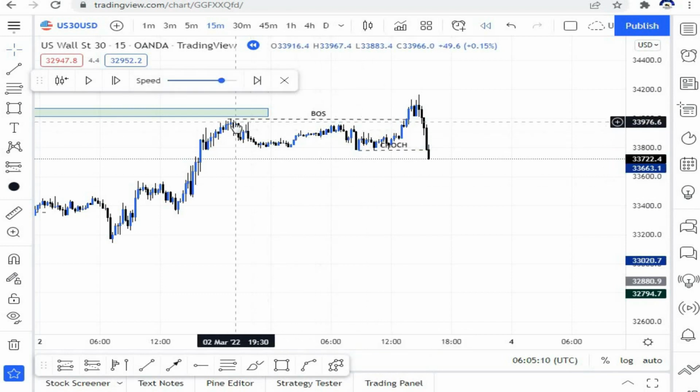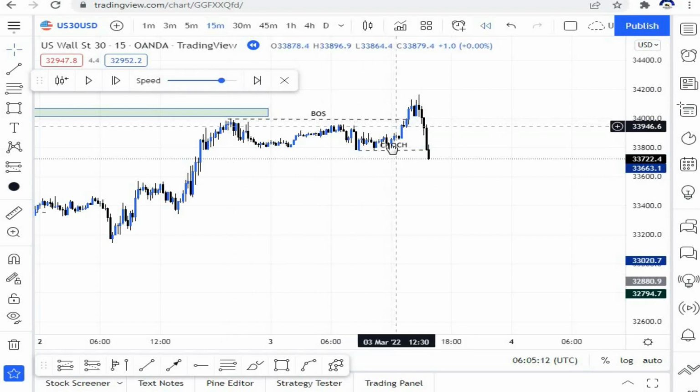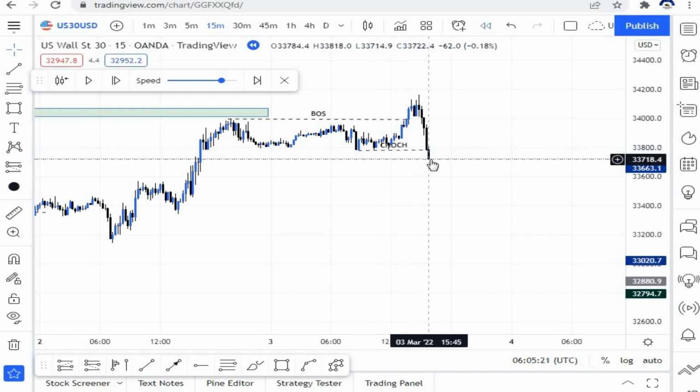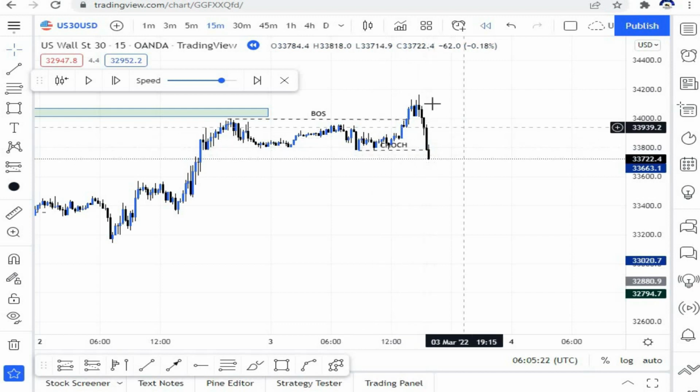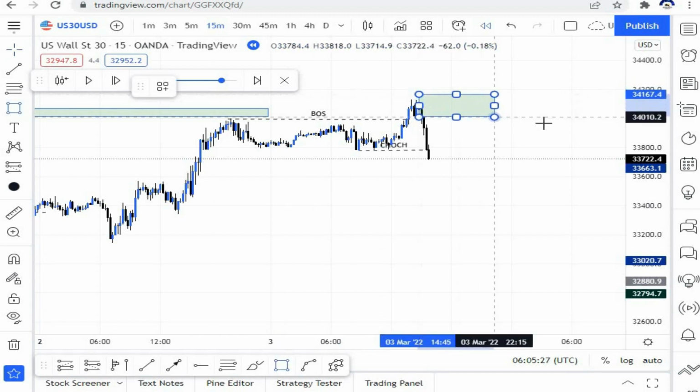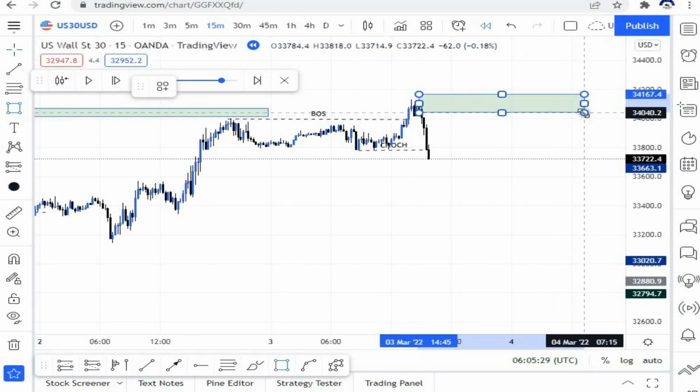Why? Because the price have taken out the structure but fails to pick the orders at the last swing low, and then they come back and break it, creating a new lower low. So what we'll be expecting, the price to come back to this supply zone area. That's where the orders are being held.